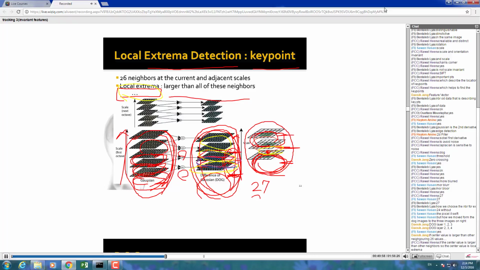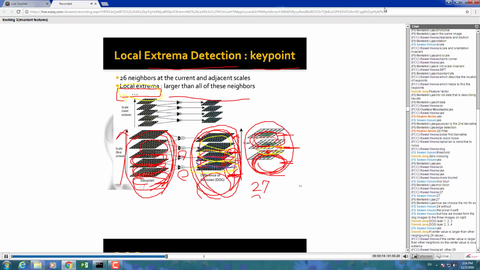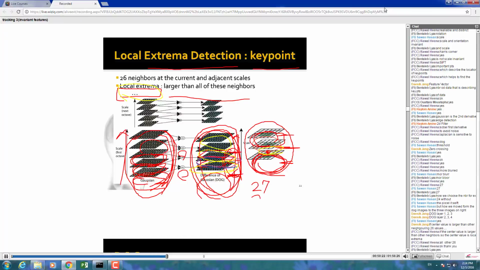This green dot, it means the neighboring pixels across 3 layers of DOG. So when it is larger than all others, it is a very special point, so it is becoming local extrema. Yes. Is that clear?